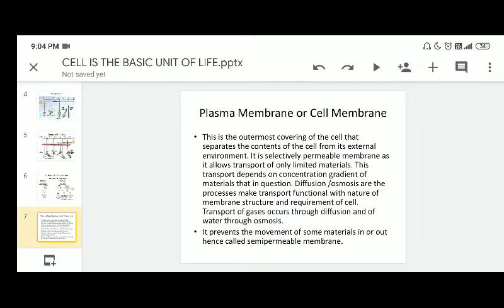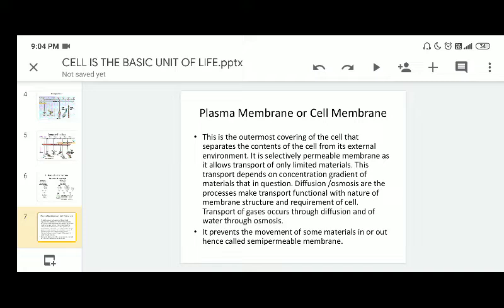Now we come to the details of the cells. First is the plasma membrane or cell membrane. This is the outermost covering of the cell that separates the contents of the cell from its external environment.